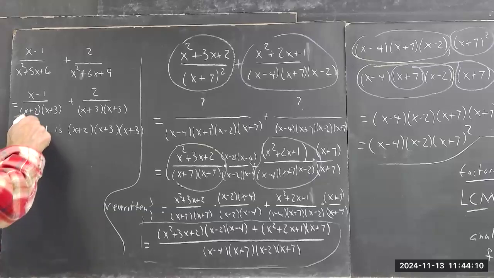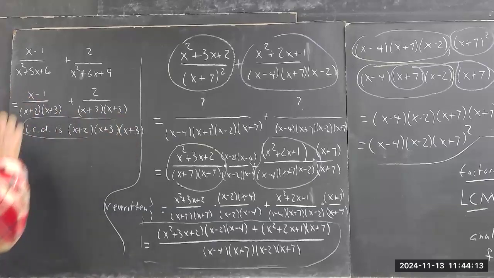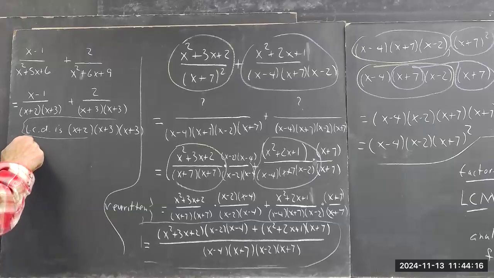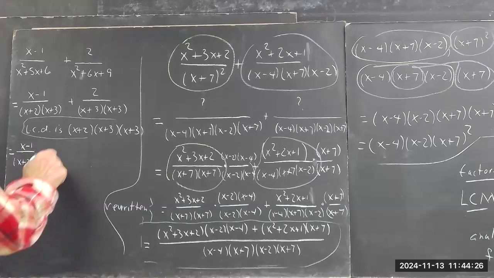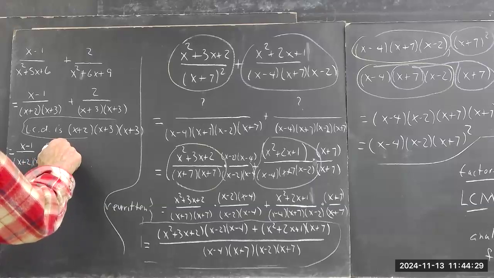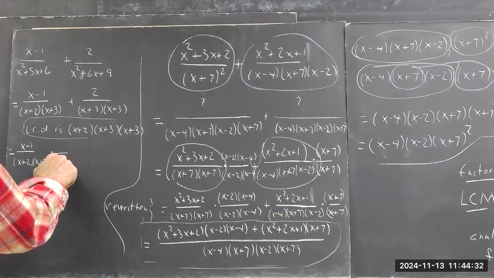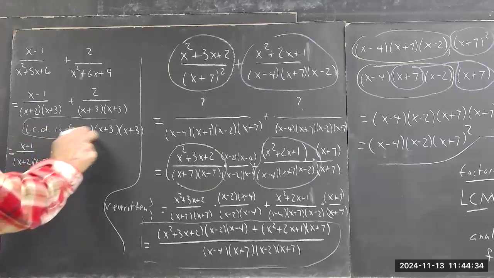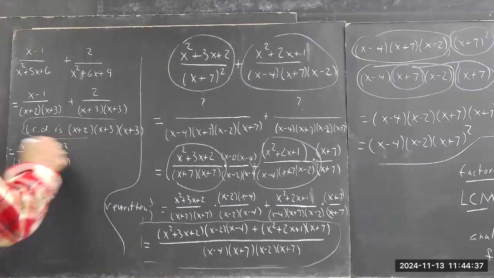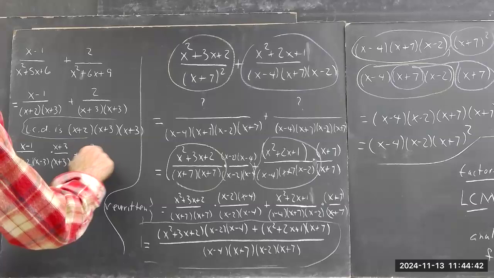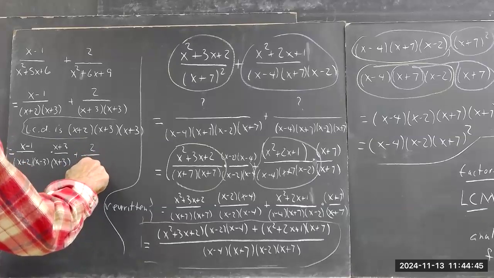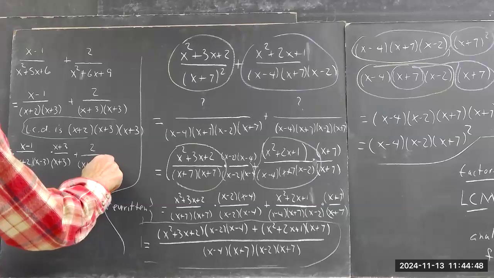So now we can say that this equals x minus 1 over x plus 2 times x plus 3, multiplied by, well, we need x plus 3 in order to have our common denominator. So we better have x plus 3 here. And then we have 2 over x plus 3 times x plus 3.